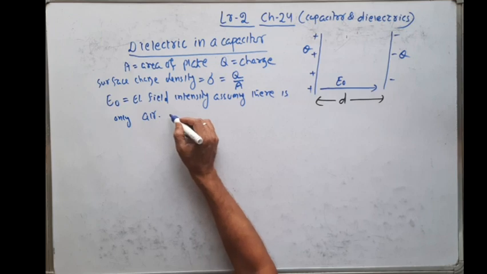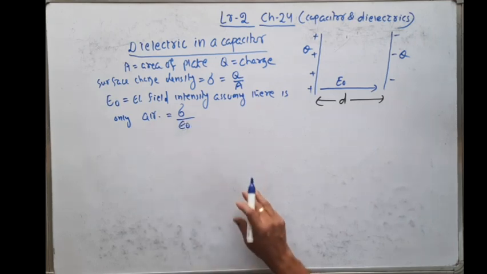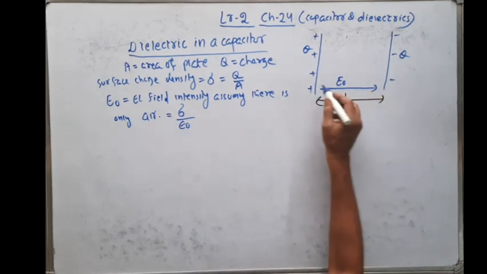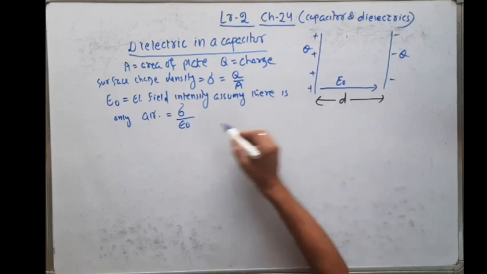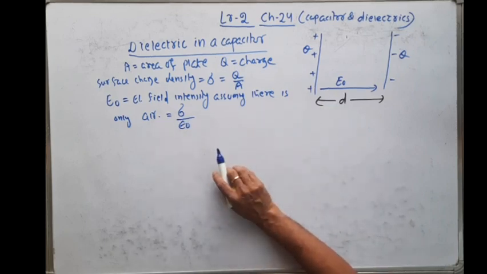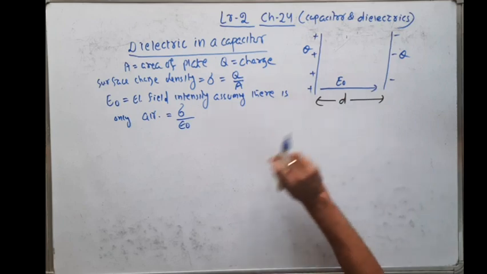This E naught is the electric field intensity, which is sigma by epsilon naught. So the electric field intensity between the positive and negative plate is sigma by epsilon naught.